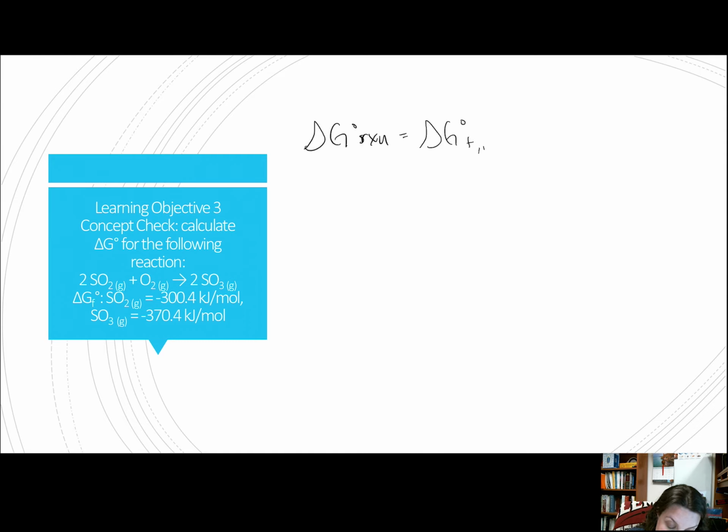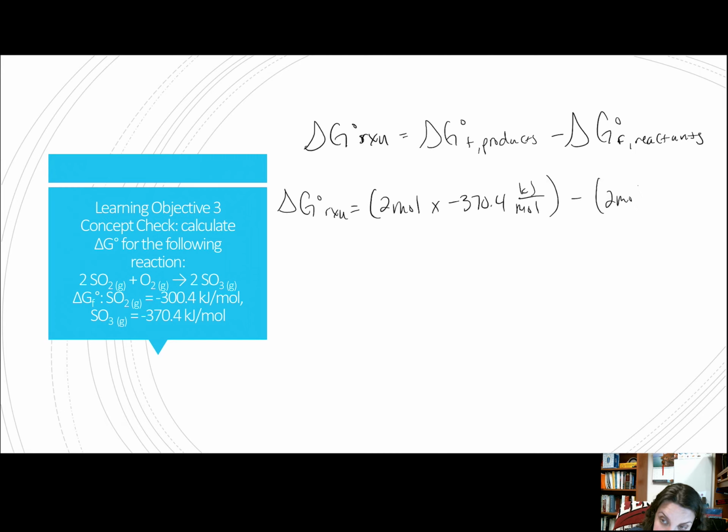And that's going to be minus our reactant, 2 moles times negative 300.4 kilojoules per mole. And then we don't have anything for O2 because it is elemental, so when we solve this, we get a delta G naught of our reaction equal to negative 140 kilojoules.